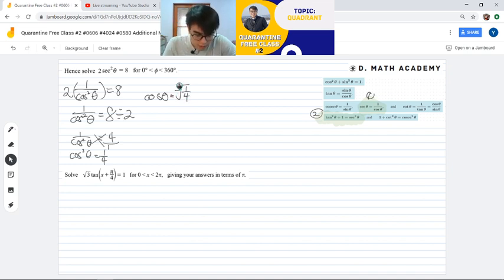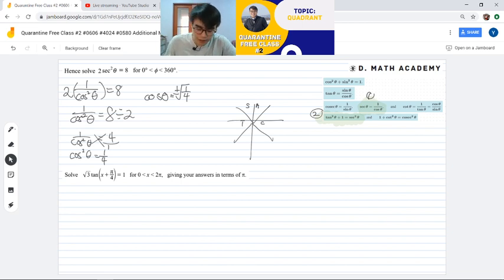Remember when you incorporate square root, you're required to put plus minus at the front. This plus minus is telling you that in all 4 quadrants you will have results, because over here you will get cosine positive, over here cosine negative, followed by cosine negative and cosine positive.